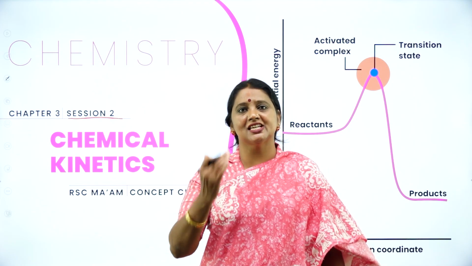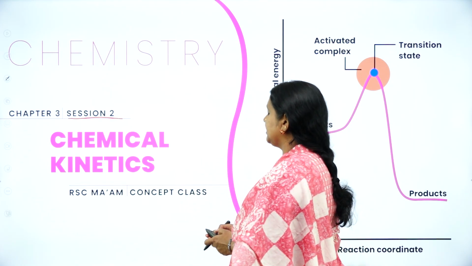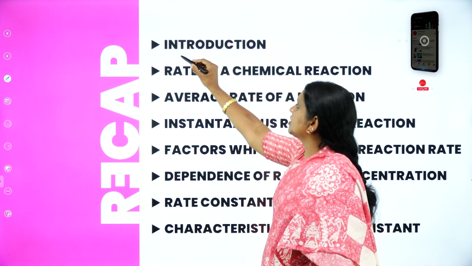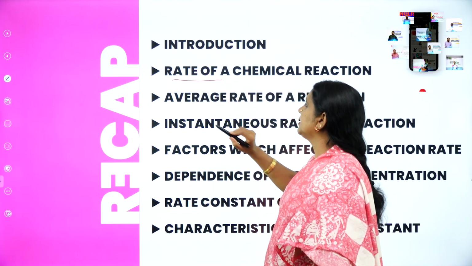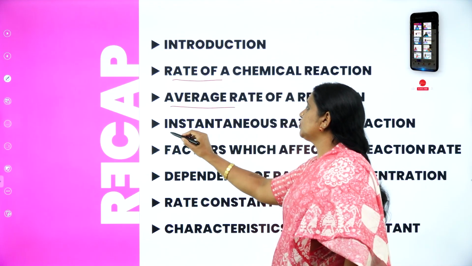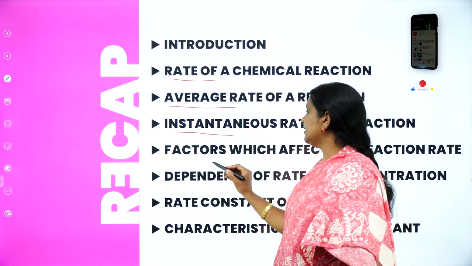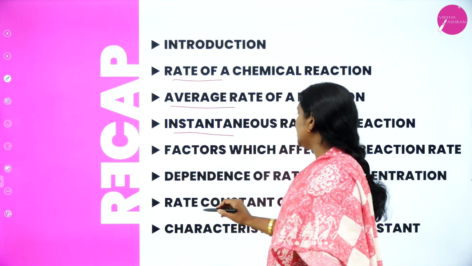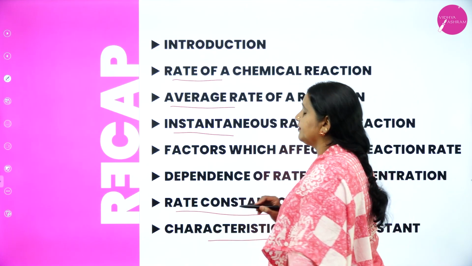In the previous session, that is in the first session, I gave an introduction about chemical kinetics. Then I discussed rate. In rate, I discussed two types of rate, average rate as well as instantaneous rate, and the factors which influence the rate of the reaction, as well as the rate constant of a reaction and the characteristics of rate constant.